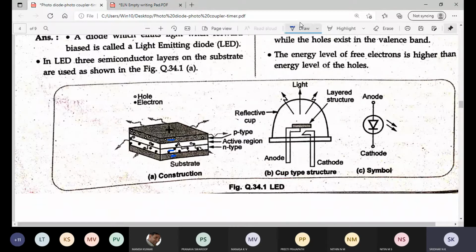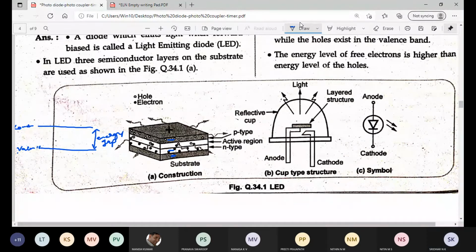Say this is the conduction band, and below the conduction band there will be the valence band. This is the energy gap between the conduction band and the valence band.